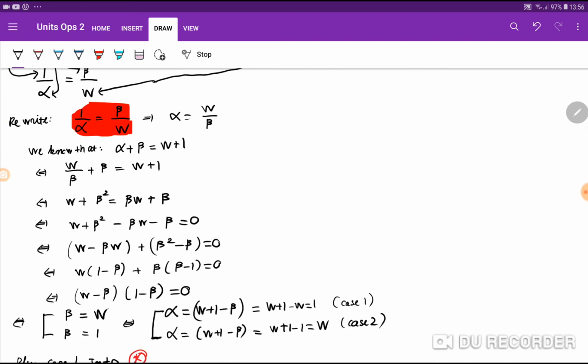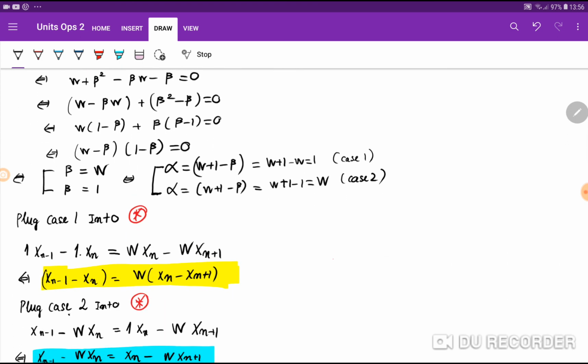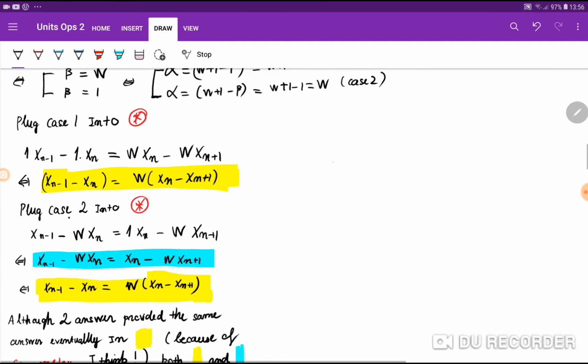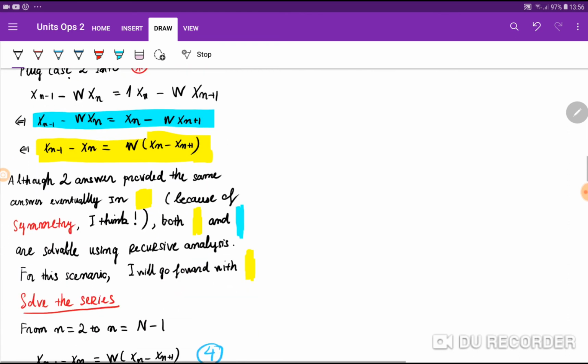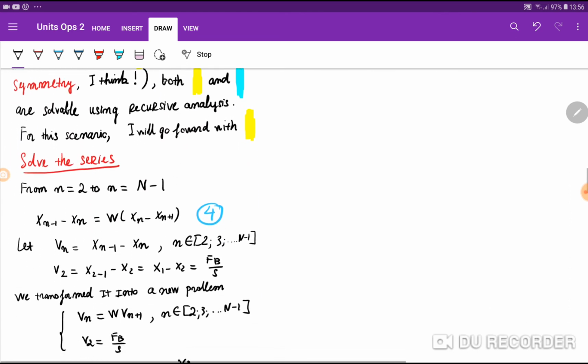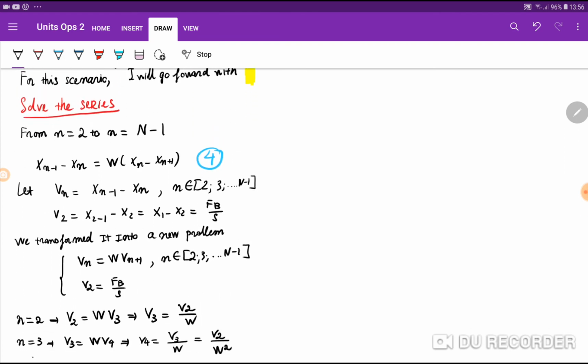You plug it in, you solve for beta, and I got beta equal to W and 1, and then solve for alpha too. I have a very interesting result: both scenarios, beta equal W and beta equal 1, lead me to the same result. I think it's because of symmetry.